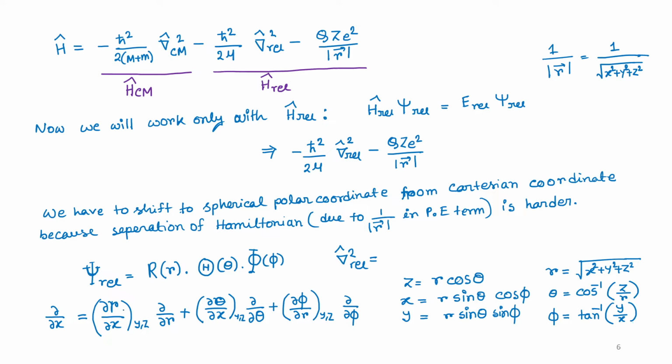From there you can do del r by del x, del theta by del x, because you already know what r is, root over x square plus y square plus z square. It will be time consuming, as sir has also provided in appendix 2. So this is one of the equations. Now you can have it in terms of del by del y or del by del z, and by that you can arrive at the Hamiltonian.